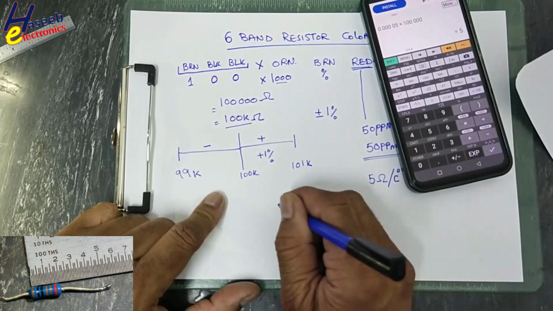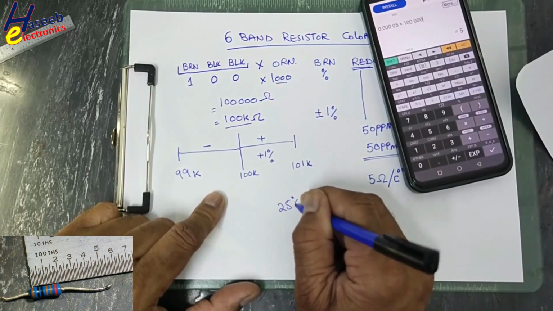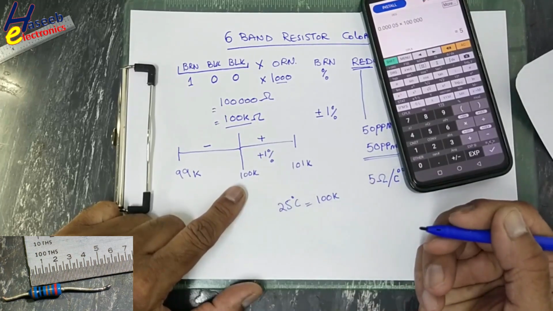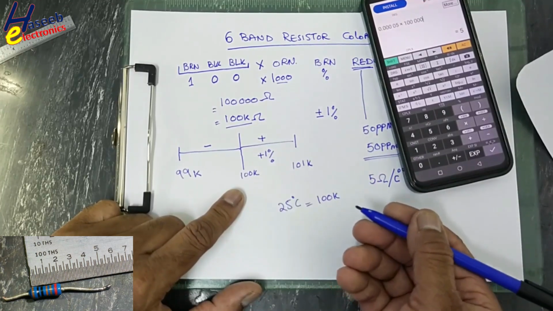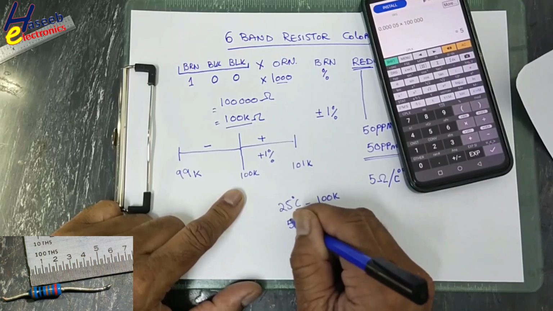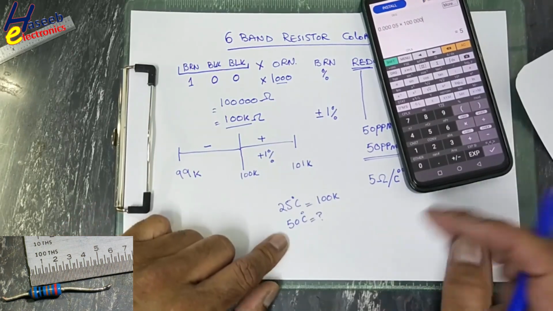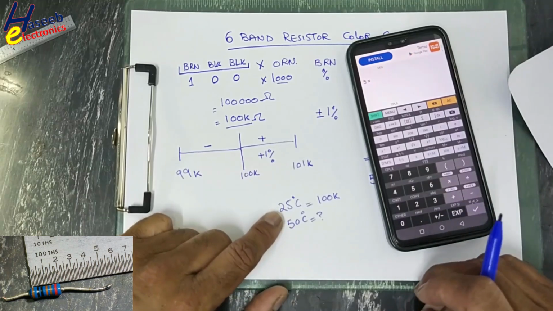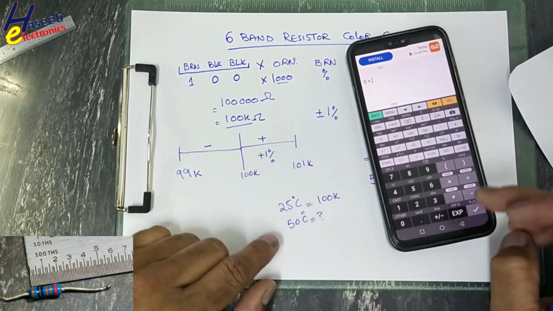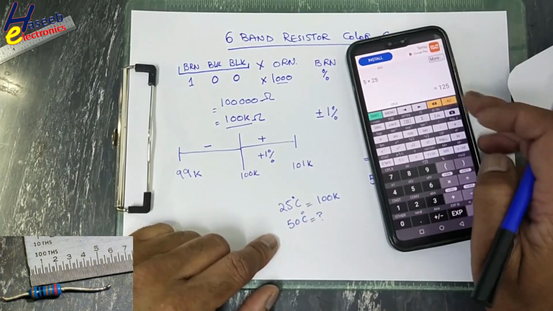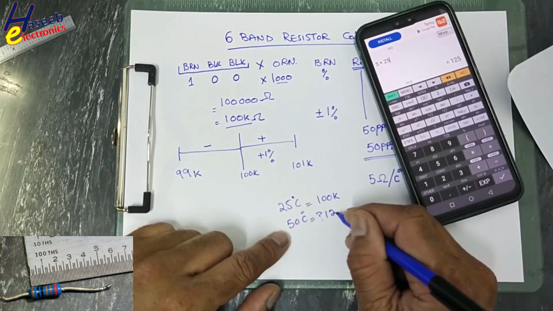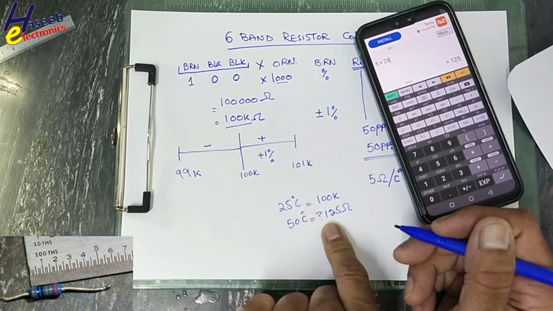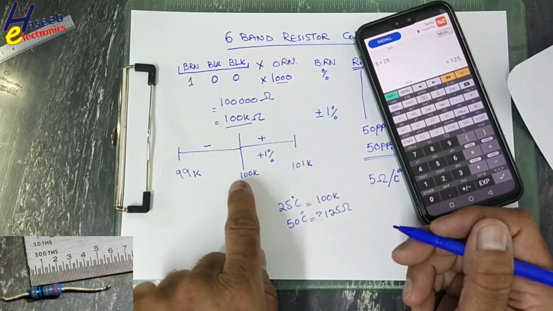If temperature is 25 degrees Celsius and resistor is 100K, what will the value be at 50 degrees Celsius? Now we multiply with 25, a 25 degree increase. That is 125 ohms. This 125 ohm will increase in that value.